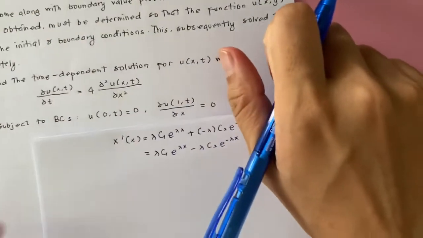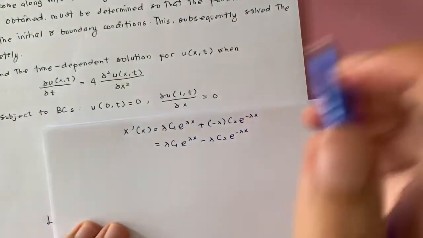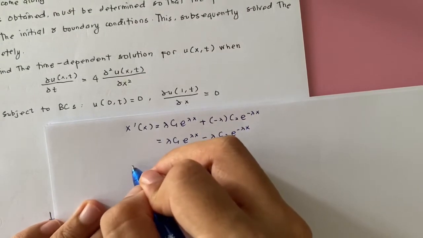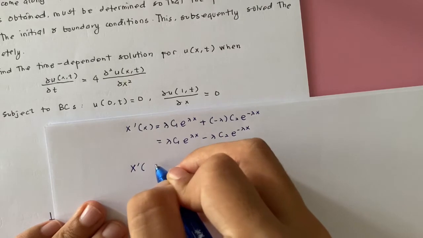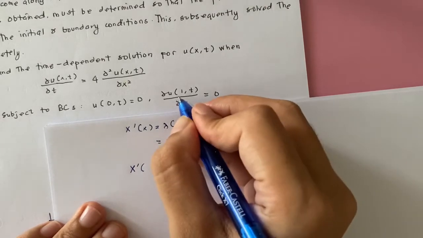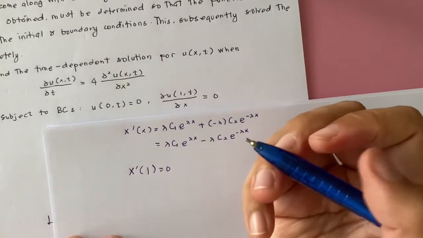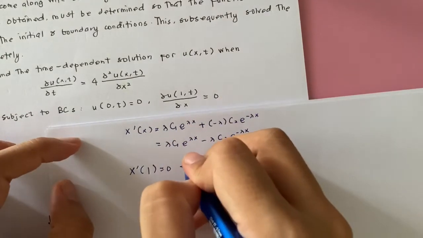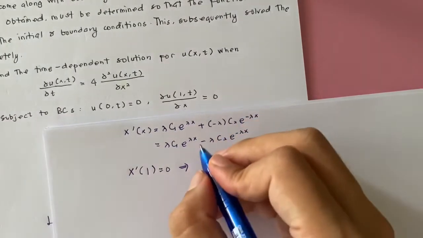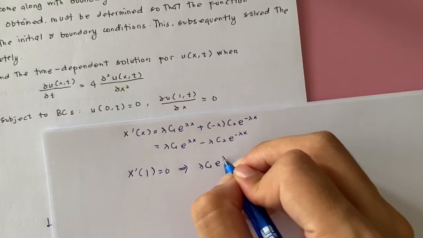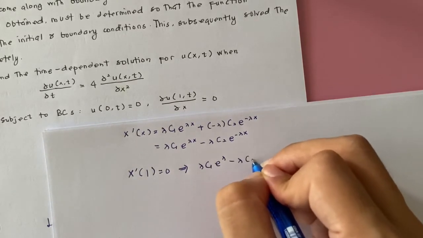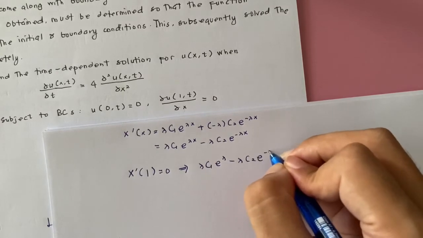So here the second boundary condition states that your x prime is equal to 0 if your x is equal to 1. So substitute the value. You have λc1 e^λ minus λc2 e^(-λ).